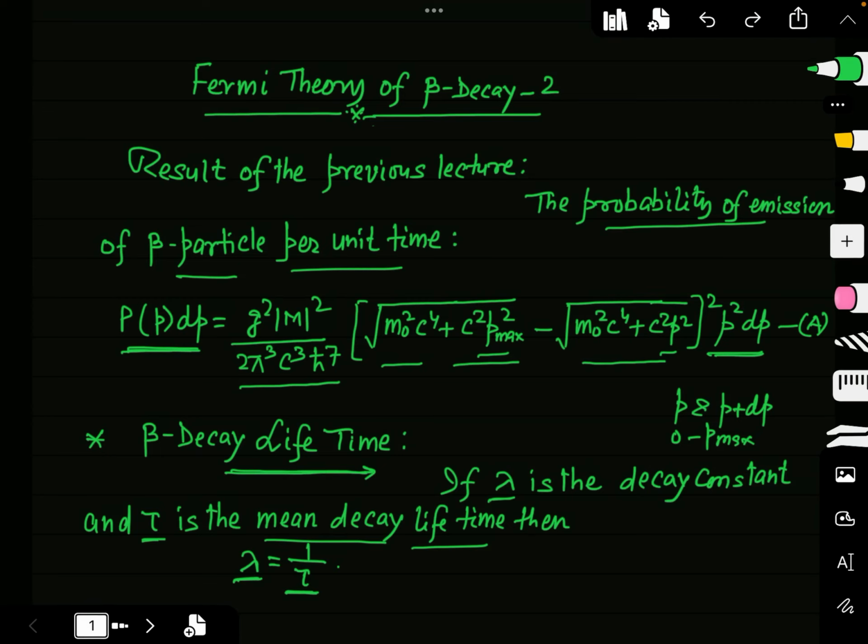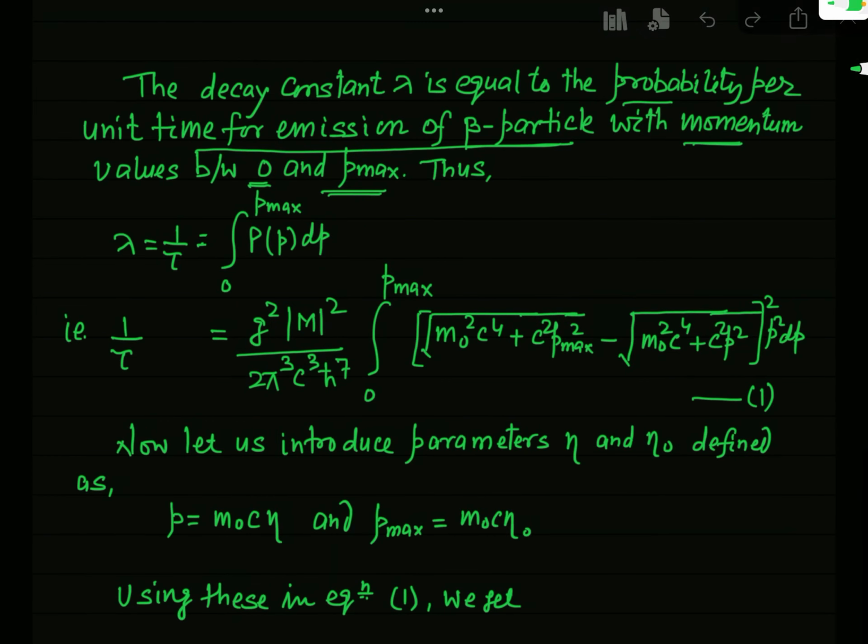So you can see here that I have written that lambda is equal to 1 over tau, and that will be equal to what? That is simply equal to the integral from 0 to p_max of P(p)dp. Now substitute the value of P(p)dp. You have seen this expression just now, so I am writing here.